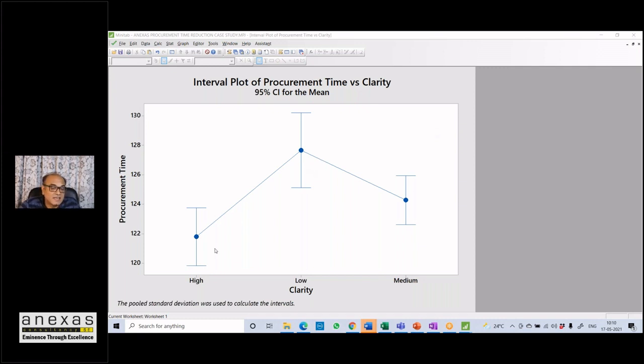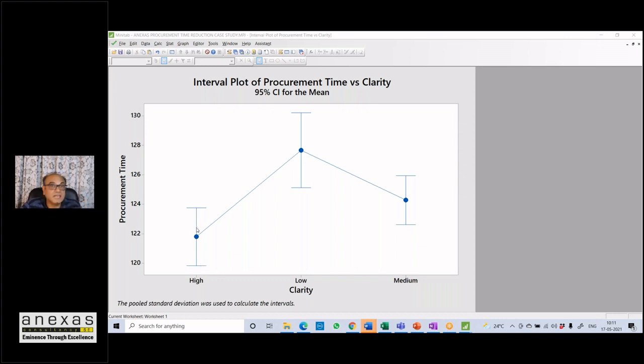So look at the clarity when it is high. The average procurement time is how much? 122. But that is for the sample which we have collected. For the whole population, the 95% band of my mean procurement time using the central limit theorem is 120 to 124.